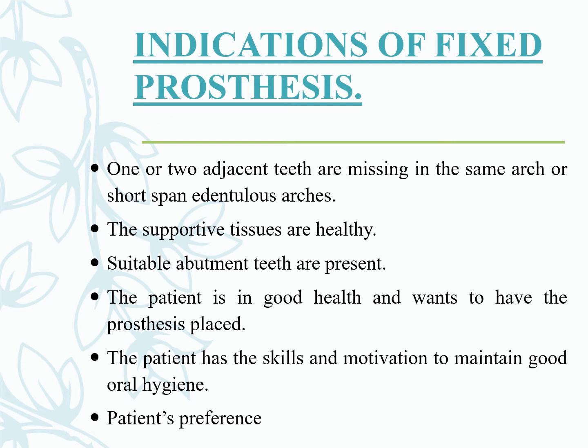Then the patient is also in good health and asks for a fixed partial prosthesis. Then the patient should also have good skill and motivation to maintain good oral hygiene. And of course, last but not the least, the patient preference.